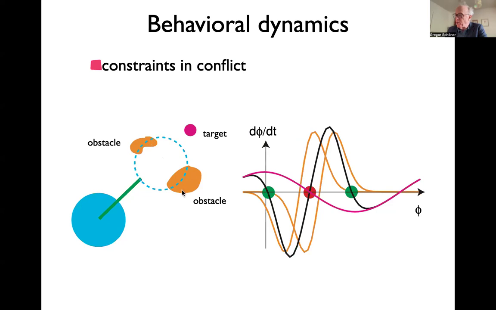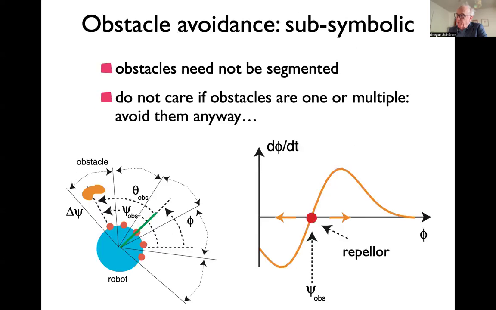You'd have to really track these objects as objects to erect the correct force at every moment in time, which is actually not so easy, even though it can be done. While it's much simpler to just assume that you have a few sensors and that every sensor makes a little contribution like that, erects a forcelet. And that's what we then discussed under the subsymbolic approach. And that works perfectly fine, as I demonstrated in videos and papers and so on.